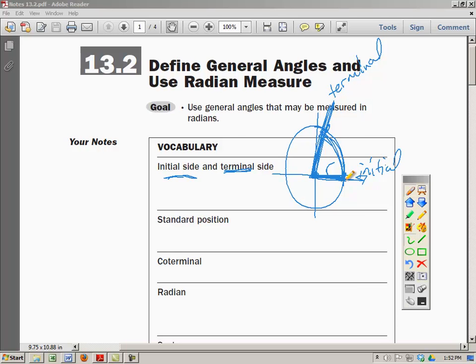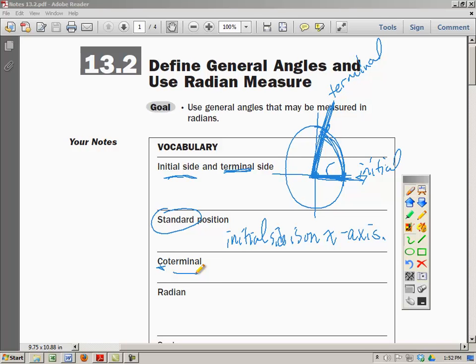Now, if the initial side is right on the x-axis like I have it drawn here, that is said to be in standard position. So basically, the initial side is on the x-axis. Now, two angles that are coterminal, again, coterminal says that they have the same terminal side.